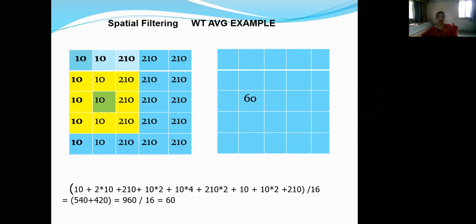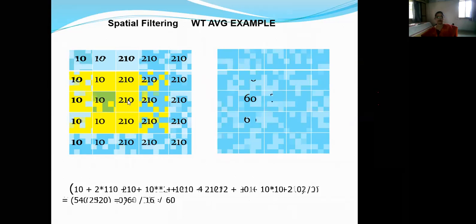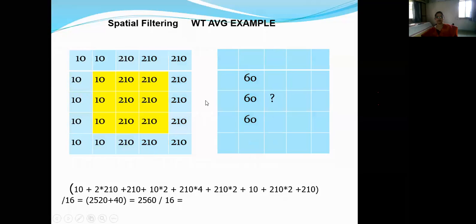Now similarly determine the new value of this second pixel by applying weighted average filter. Apply this weighted average filter for this pixel with value 210 from the third column.